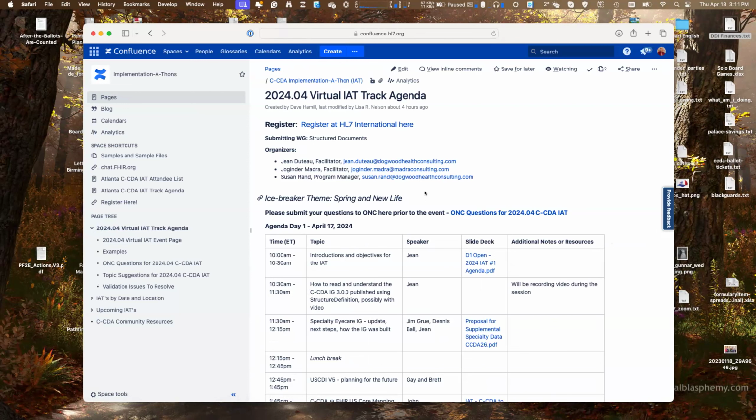So we might want to move this IAT either earlier or later, and I think earlier might be better, so that we're not interrupting the HL7 process flow of getting C-CDA out the door. So I'd like people to think about that. We don't need an answer now, but in your survey, let us know: would an earlier IAT, in March or early April, or a May IAT be better?